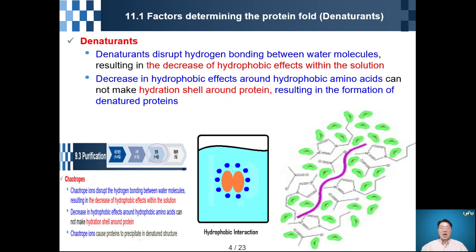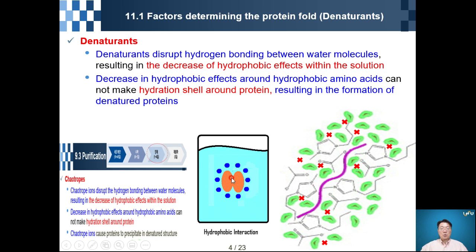So in this slide, I will explain the first factor determining the protein fold. The first factor is denaturant. Previously we learned about chaotropes. Chaotropes belong to the denaturants. First of all, denaturant disrupts hydrogen bonding between water molecules, resulting in a decrease of the hydrophobic effect within the solution.